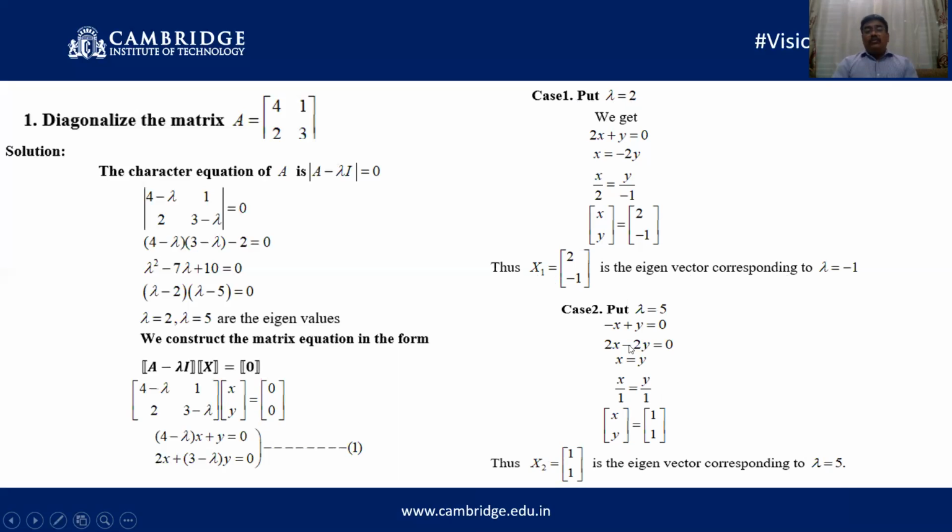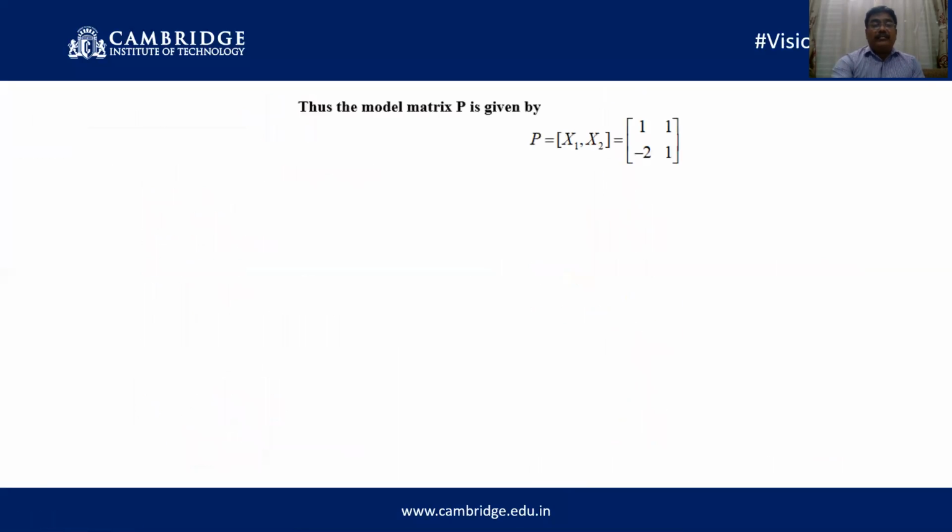In case 2, let us find the eigenvector corresponding to the eigenvalue lambda equals 5. As usual, let us put lambda equals 5 in the system of equation 1. We get x is equal to 1, y is equal to 1. Thus x2 is the eigenvector corresponding to the eigenvalue lambda equals 5.